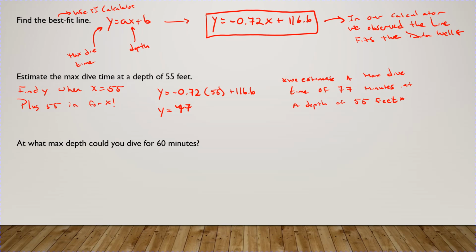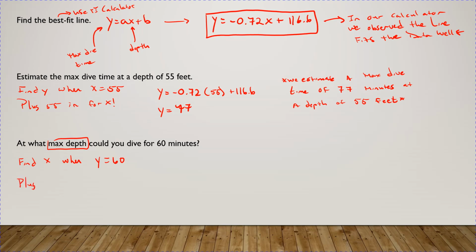Okay, so now this is interesting. I'm trying to trick you up here, so pay very close attention. At what max depth could you dive for 60 minutes? I'm asking you to find x now. So when y is equal to 60, all you're going to do is plug 60 in for y and solve for x.